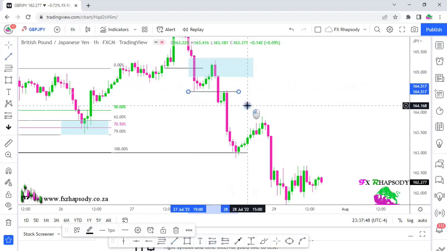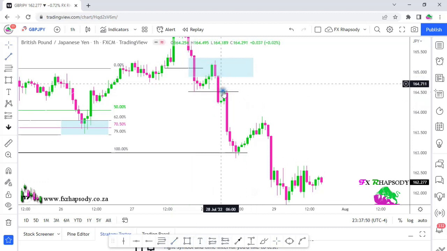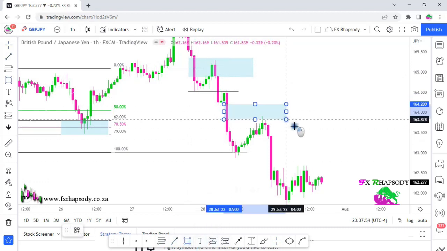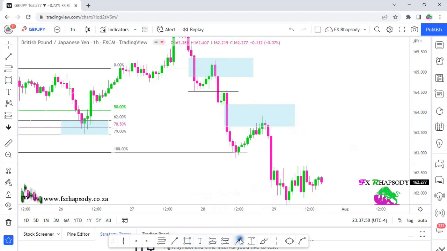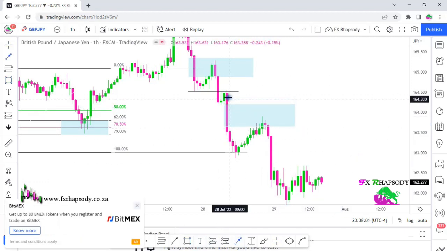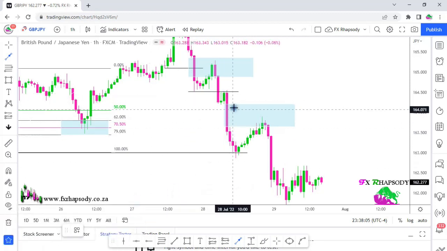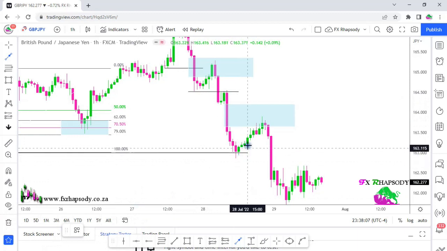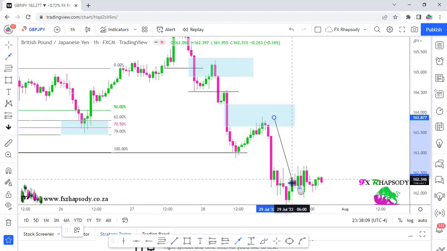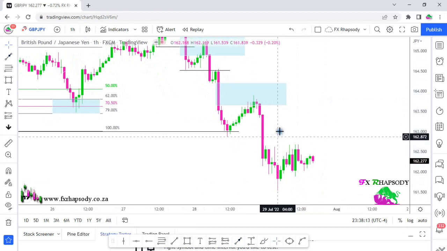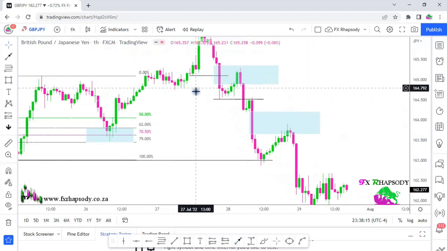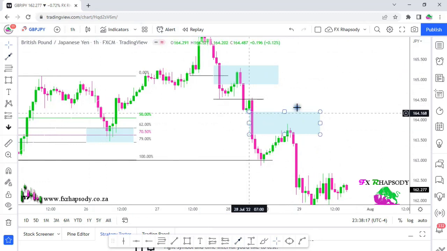So you could have taken a nice little fair value gap entry there, but there was another one down here as well. As you can see, price always retraces back to that area, right? So again, big push candle downwards, big bearish candle, as smart money pushes that price down, price coming up, and again pushing into that fair value gap, and that's also a nice little sell opportunity. 3 opportunities this week that you could have taken on the British pound Japanese yen.